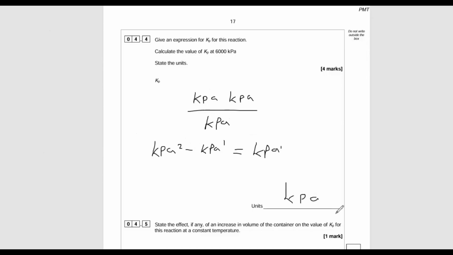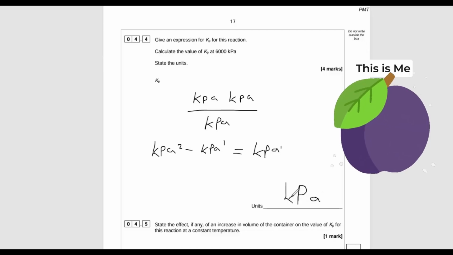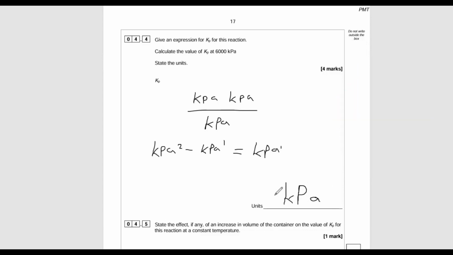The P, by the way, I'd probably lose the marks here because I'm not using a capital P. So that would be KPA. We wouldn't bother writing the 1, just like when you're doing coefficients, you don't bother with that. So that's just giving you an idea of how to do it.